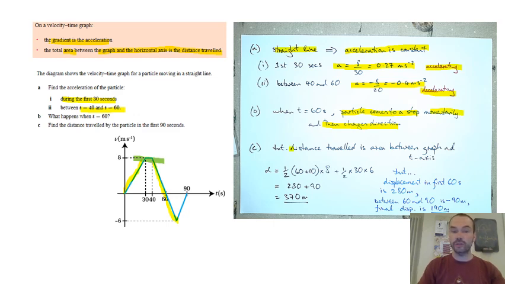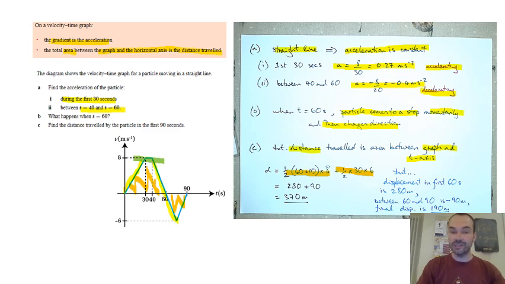Distance travelled by the particle in the first 90 seconds. Distance travelled is the area between the graph and the time axis. Now we have two parts to the area. We have that part, which is a trapezium, and we have this part, which is a triangle. You need to be able to work out the area of both of them.